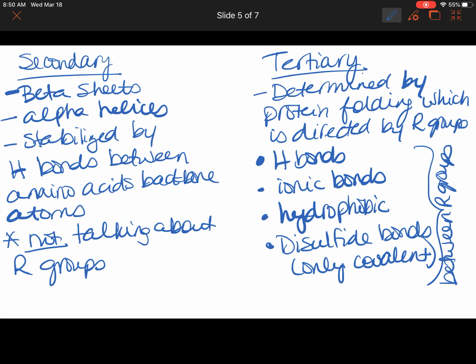Well, why is this important? It's important because hydrogen bonds, ionic bonds, hydrophobic bonds, they allow for protein flexibility.